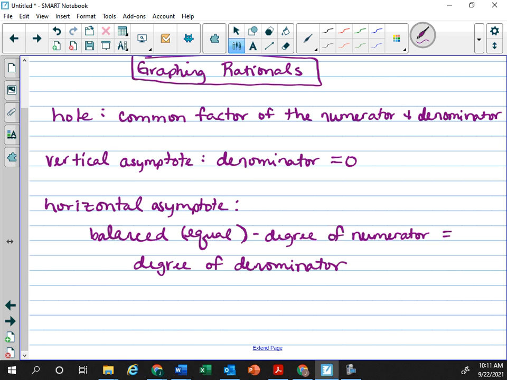And the way you find your asymptote then is you say y equals the leading coefficient of your numerator divided by leading coefficient of your denominator. And we'll do examples with all of these. We'll just get the rules written down first.